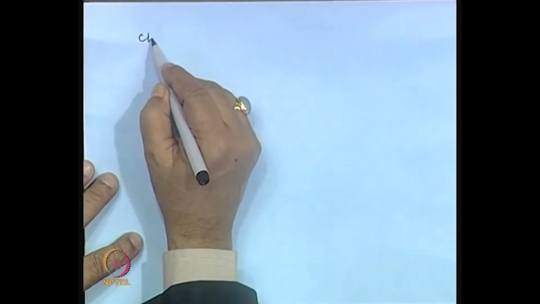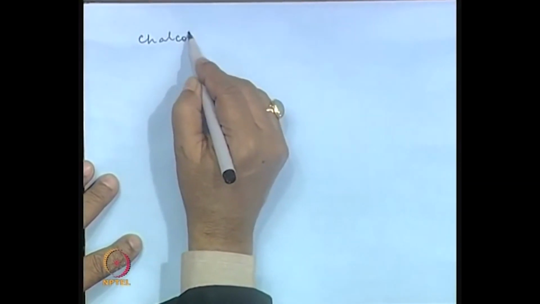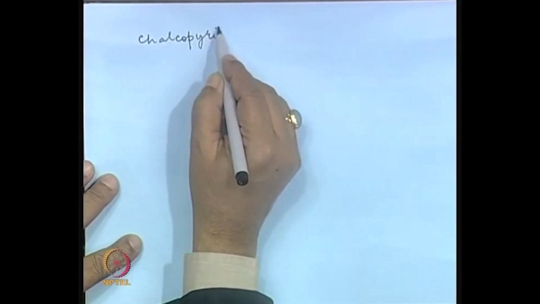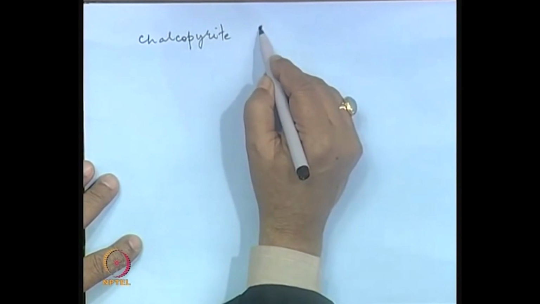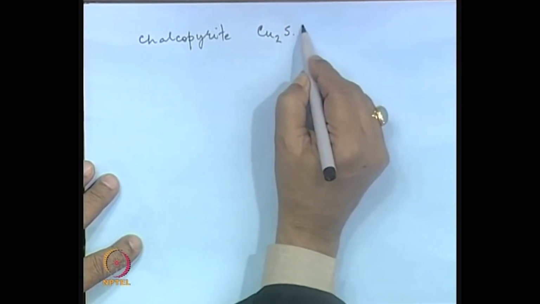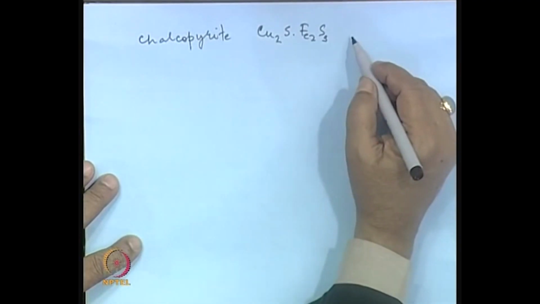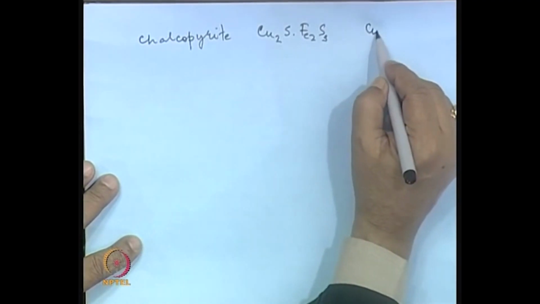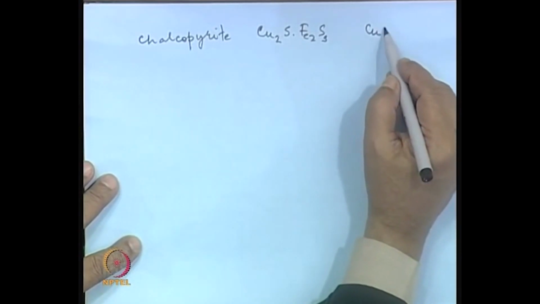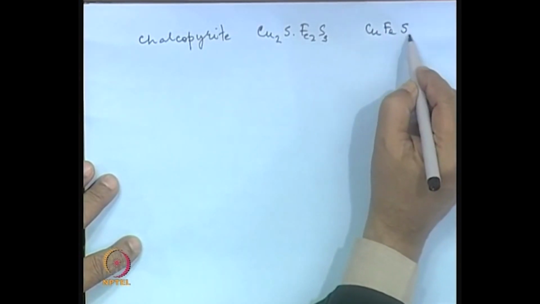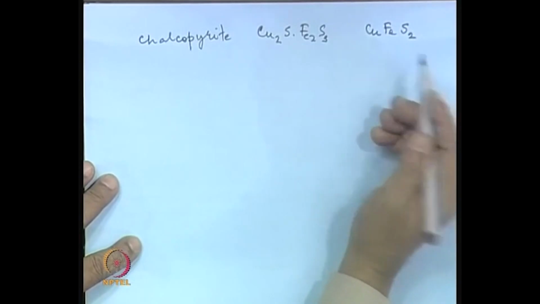Now, we have talked about processing of chalcopyrite, which is sometimes written as Cu2S.Fe2S3, or you can also write it as CuFeS2. We write either way.